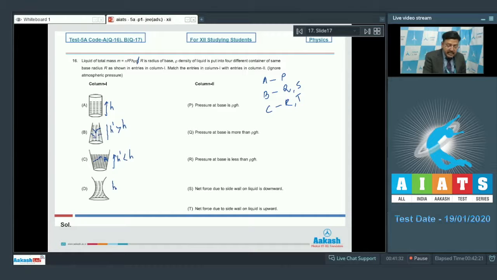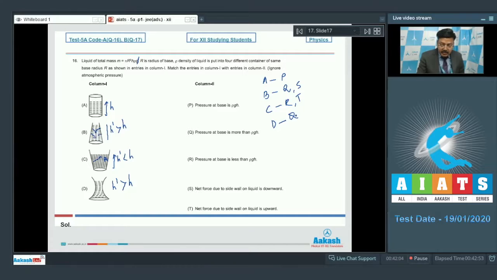So this means that h dash is greater than h because the volume is fixed, and if overall area of cross section is less than pi r square, then equating the volume, h dash will be greater than h. So pressure at bottom is greater than rho g h. So that means Q will match for D.